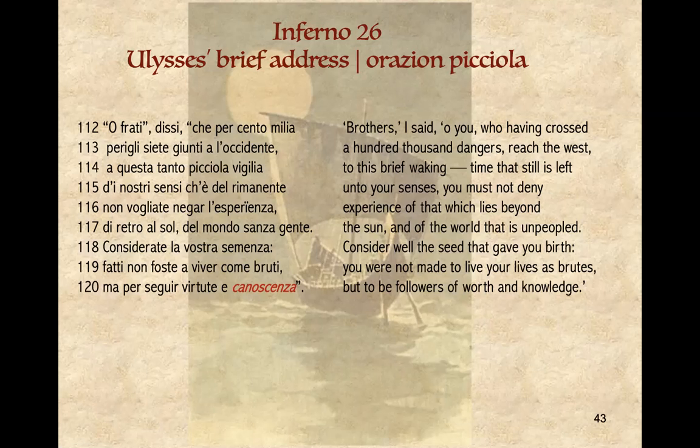What kind of knowledge? It's a bit like we saw with Paolo and Francesca. What kind of love leads to salvation, and what kind of love leads to hell? And in this case, what kind of knowledge leads to hell, and what kind of knowledge will eventually lead to salvation?